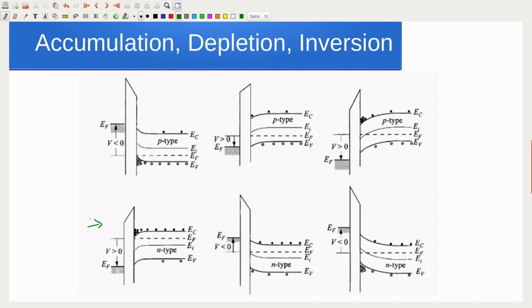As I had mentioned earlier, on application of a negative voltage, we will have accumulation of holes at the junction between the insulator and the semiconductor.